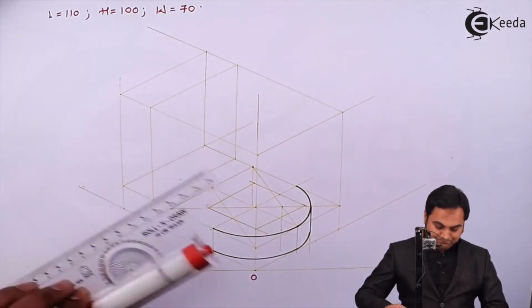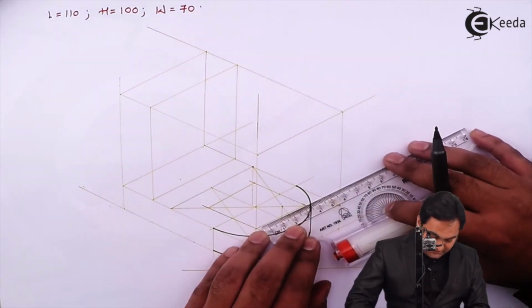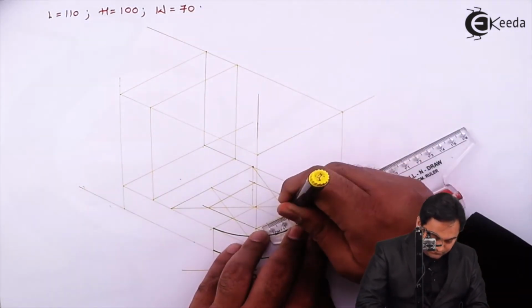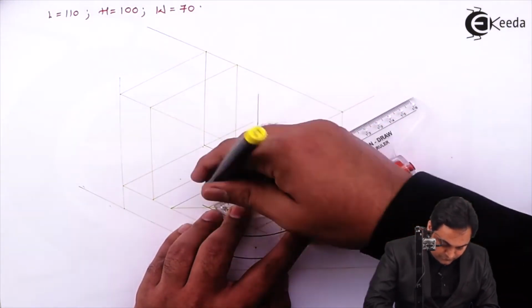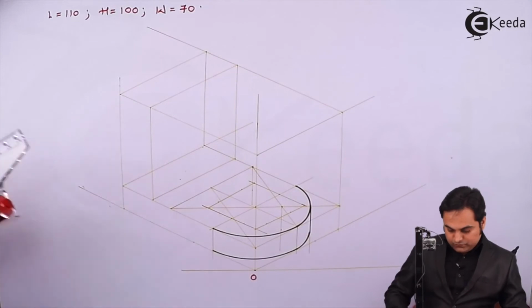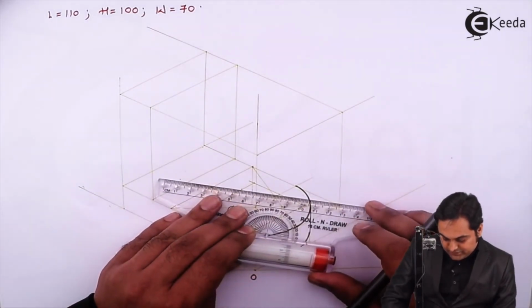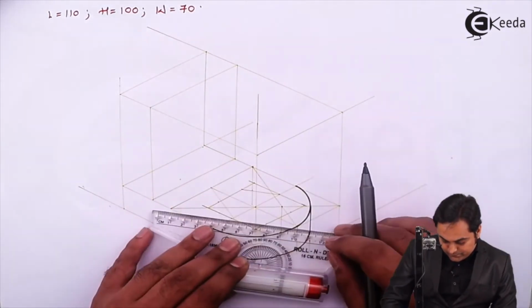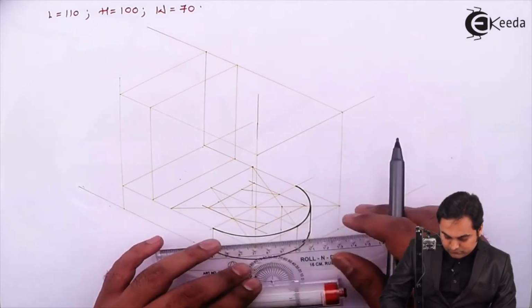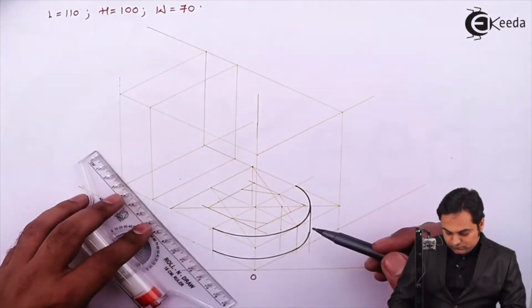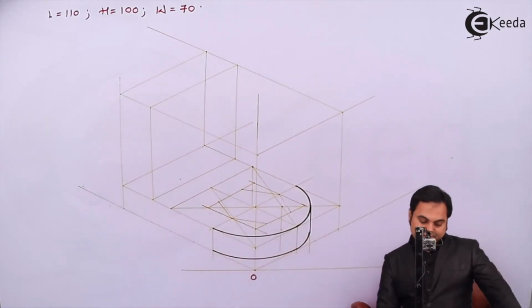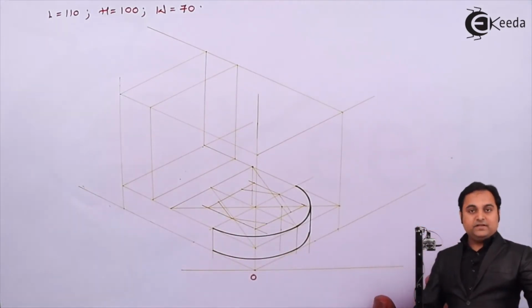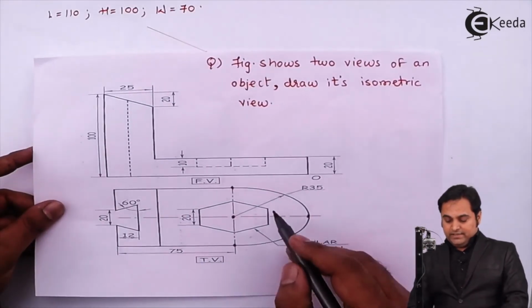Now, as per the orientation given, taking this as 20 mm and then joining it as it is given in the question. So this is the hexagon which I am getting here, and that hexagon has its side here.